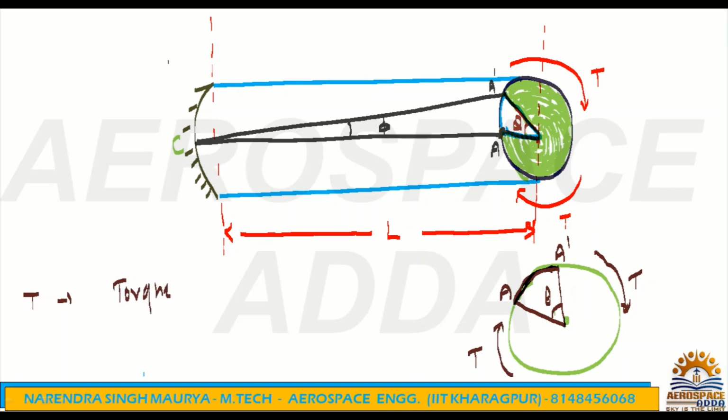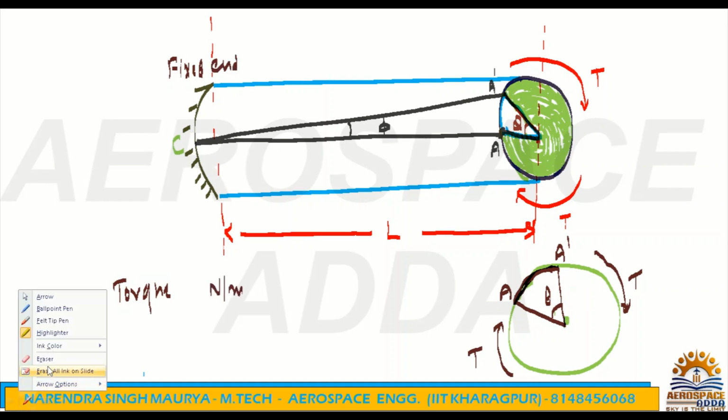This is the fixed end. The unit is Newton, sorry, not Newton per meter, it's Newton meter. Newton meter or Newton mm, you can write, it's your choice. And L is nothing but length.